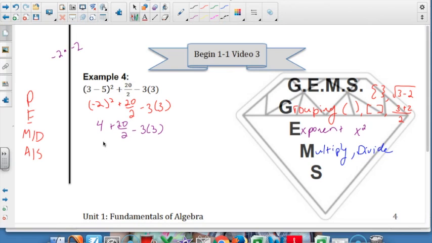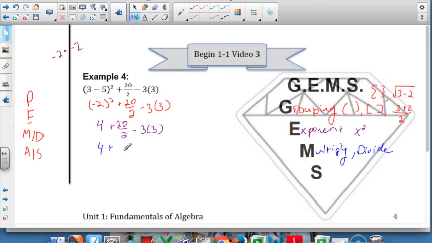So for this one, I have 4 plus 20 over 2. That fraction bar here isn't serving as a grouping symbol because you've just got a 20 on top and you've just got a 2 on the bottom, but it is serving as division. So 20 divided by 2 is 10, and then I have minus 3 times 3, which is 9.